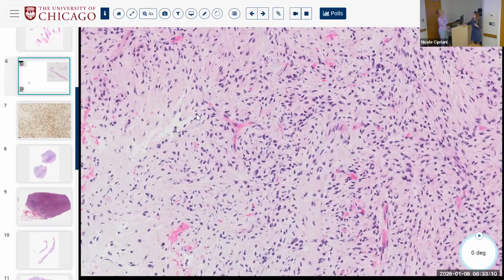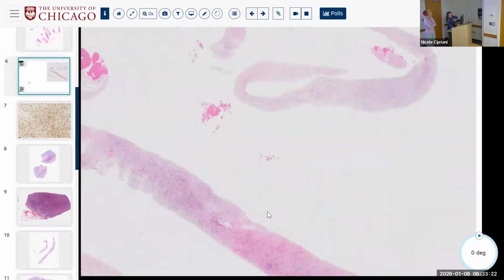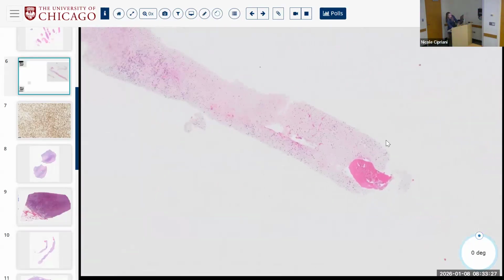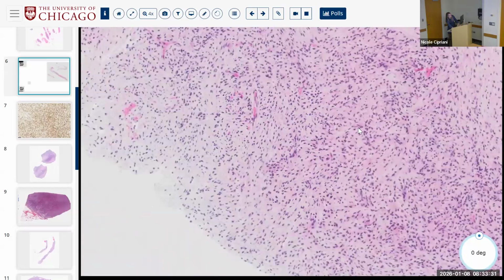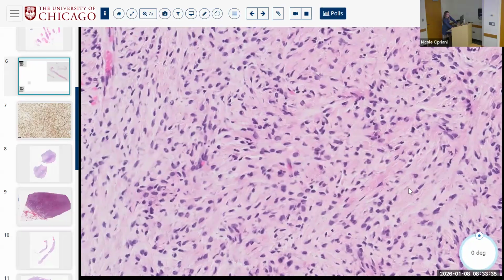Okay. We talked about nerve sheath tumors and fibroblast, myofibroblast. The other thing I'll point out is the variation in cellularity. There are some moderately cellular areas and some less cellular.